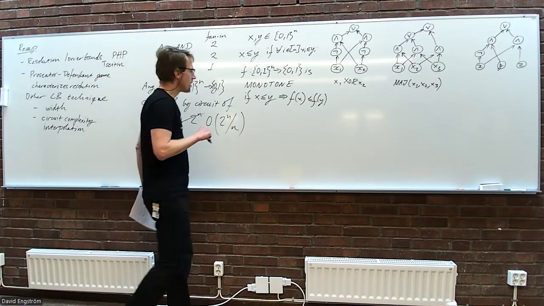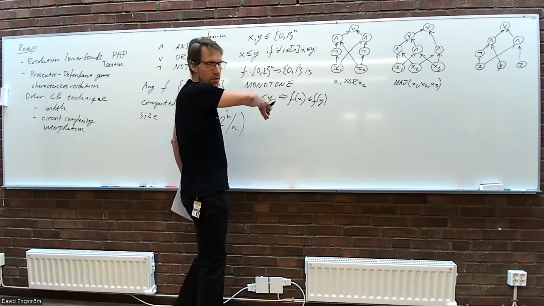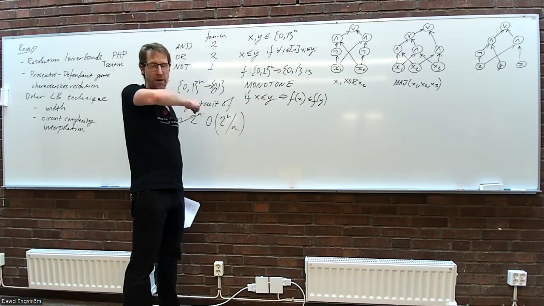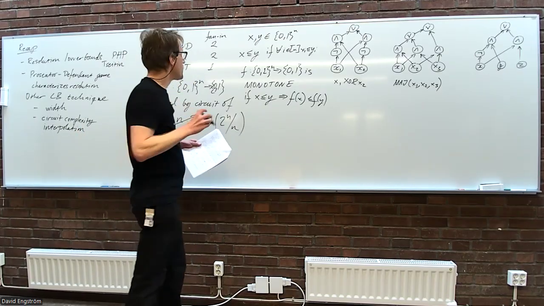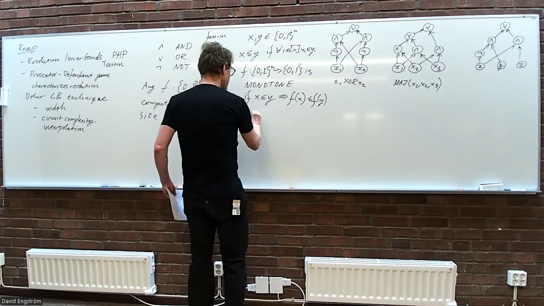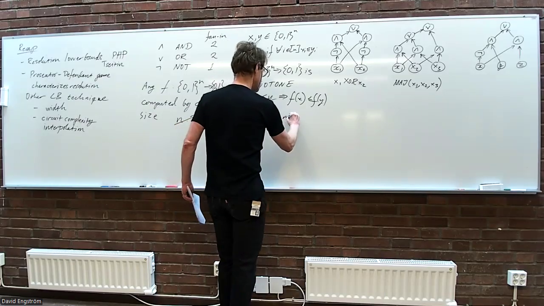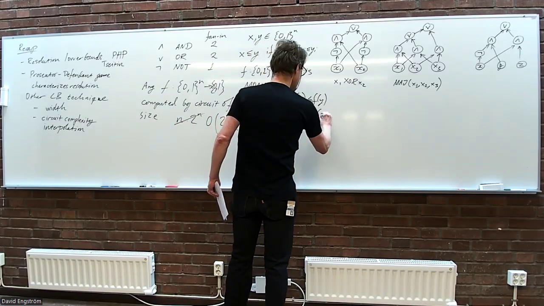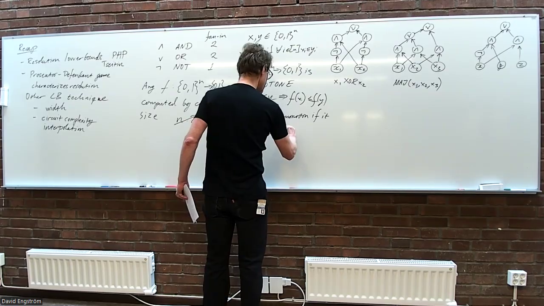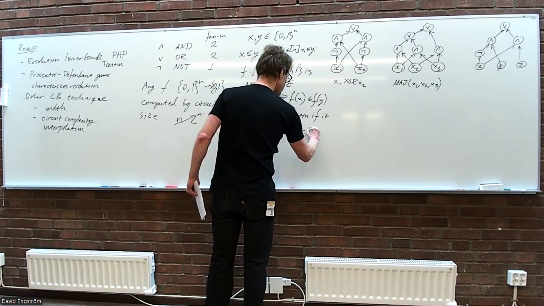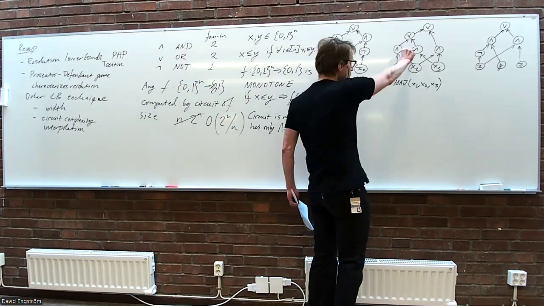Or phrased differently, it can never be the case that f flips from 1 to 0 by flipping an input bit from 0 to 1. And we say that a circuit is monotone if it has only AND gates and OR gates, but no NOT gates.